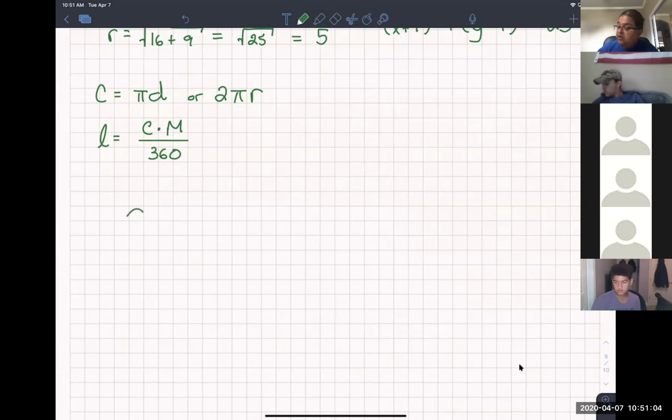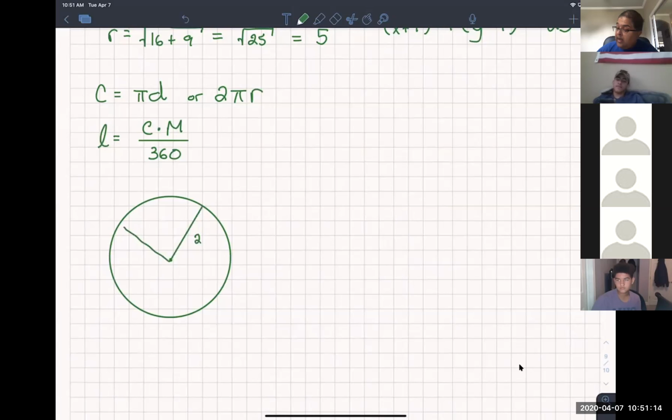So if I have a circle whose radius is, say, 2, and I know that the central angle is, say, 60 degrees, what would be my arc length?